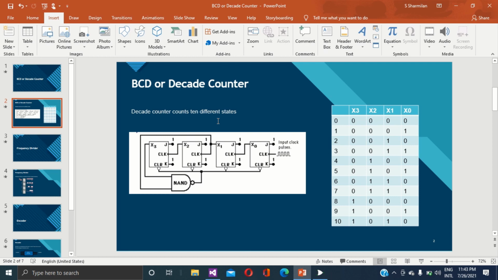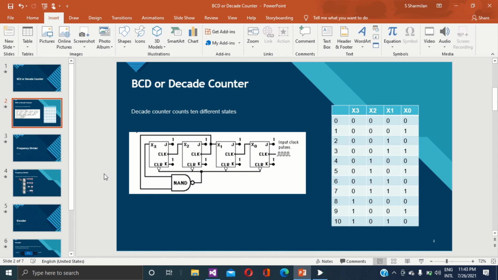That means the decade counter wants to go to the 0 value. This counter can go through any 10 states between 0 and 15, because with 0 to 15 we get 4 bits.